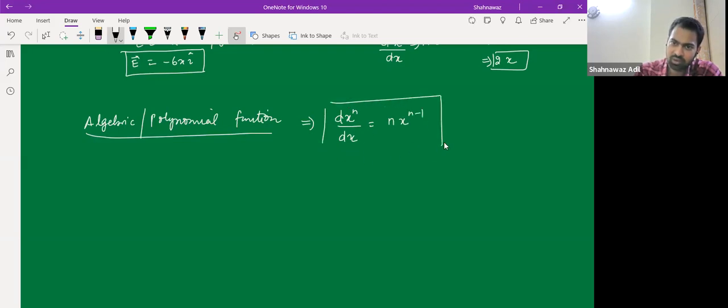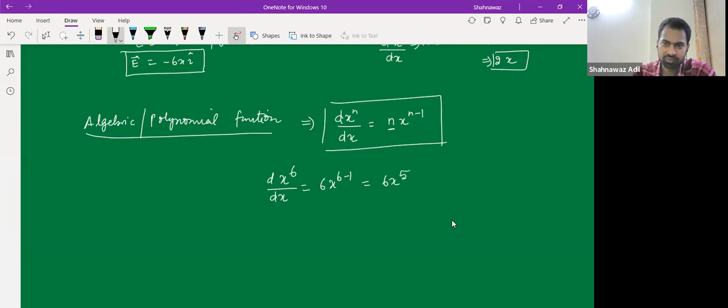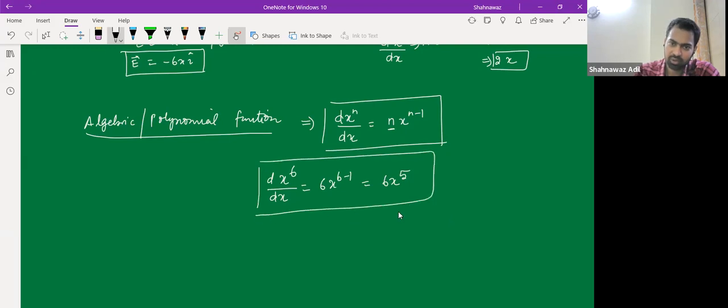So let's say I want to calculate the differentiation of x to the power 6. So d by dx of x to the 6 would be how much? This is the power, so 6 comes in here, and then from the power 1 is subtracted. So 6 minus 1, so 6x to the 5. Right. So this is the differentiation for a polynomial function.